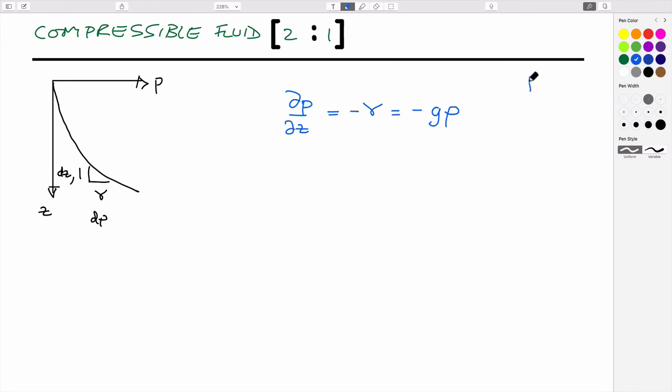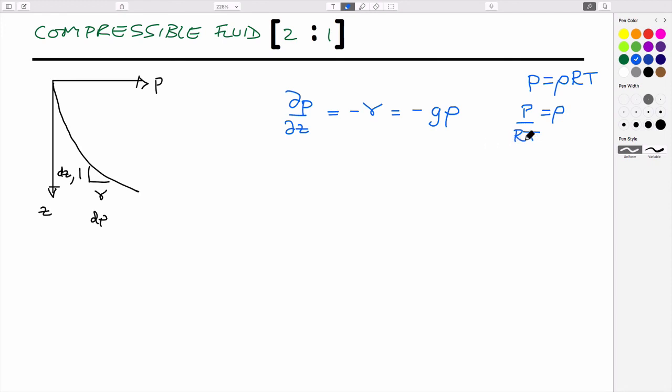We know that for the ideal gas law, absolute pressure is equal to density times the gas constant times absolute temperature. So in other words, if we rearrange this, density is going to be equal to pressure over RT.